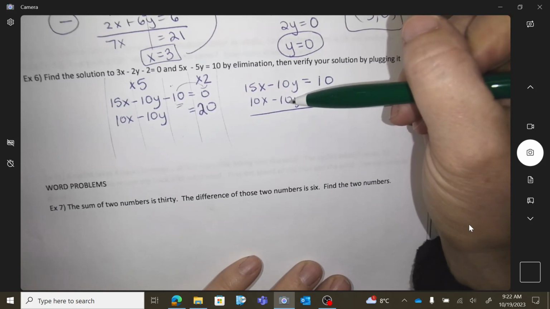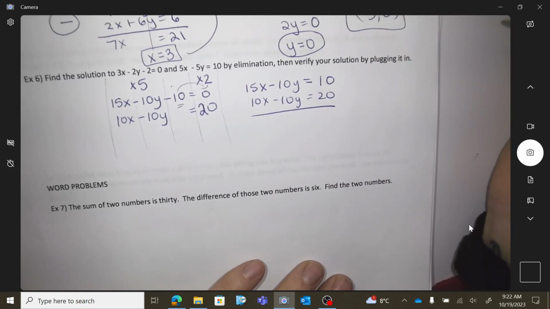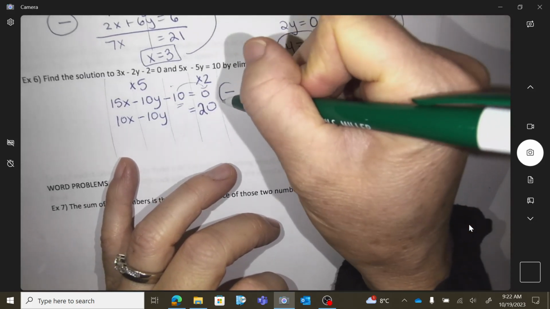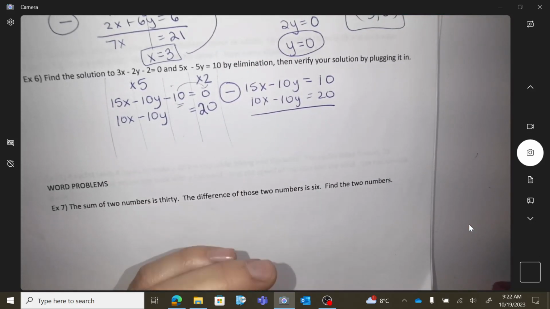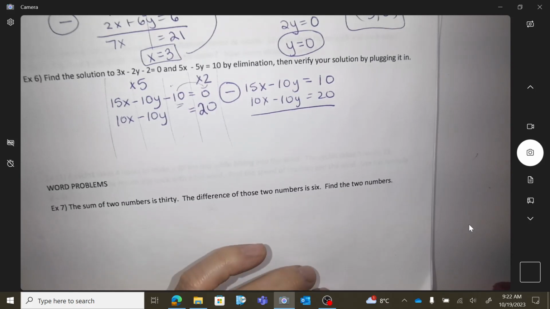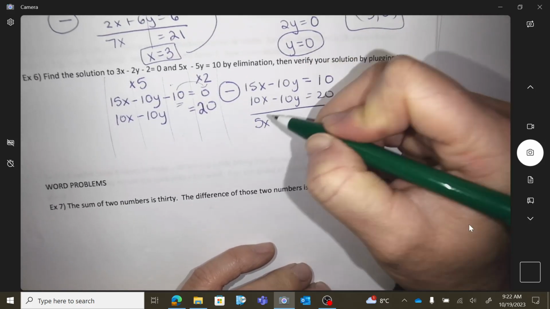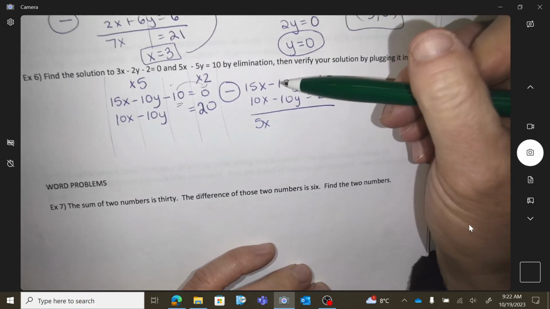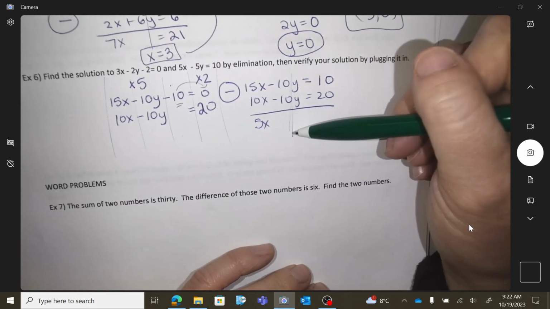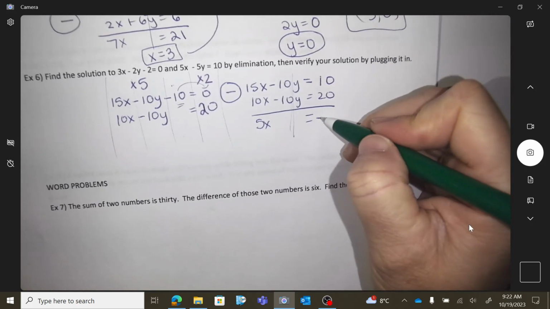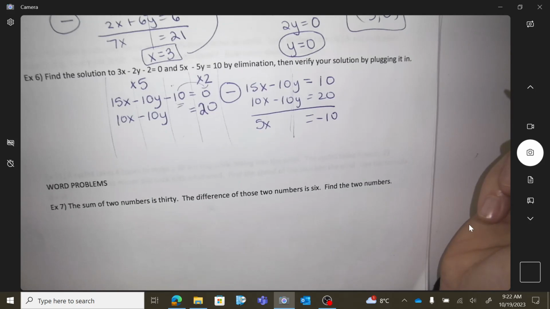So when you look at that, they are the same thing. So I should subtract. If they are the same as each other, you subtract them. So 15 minus 10 is 5x. This makes nothing. 10 subtract 20 is actually a negative.